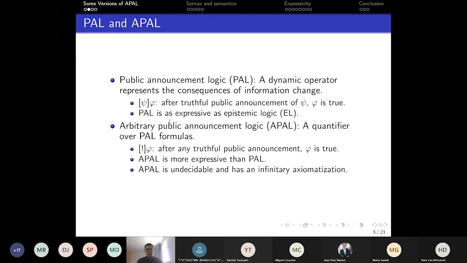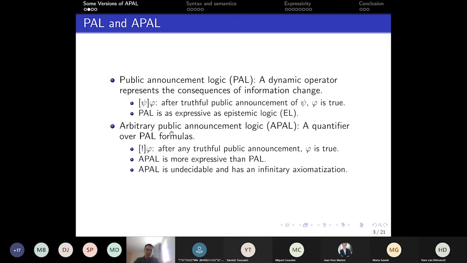At the beginning, I will introduce public announcement logic and arbitrary public announcement logic again. Public announcement logic has a dynamic operator representing the consequences of information change. For example, it can express that after truthful public announcement of psi, phi is true, and it has been shown that public announcement logic is as expressive as epistemic logic.